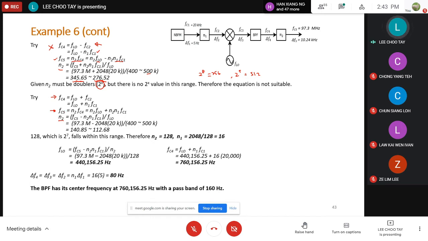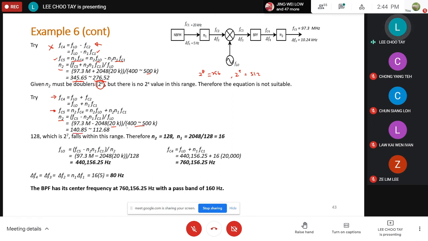So what you have here is again 97.3 meg. Now it's minus instead of plus: 2048 times 20k, divided by 400 to 500k. If you divide by 400k, you get 140.85.